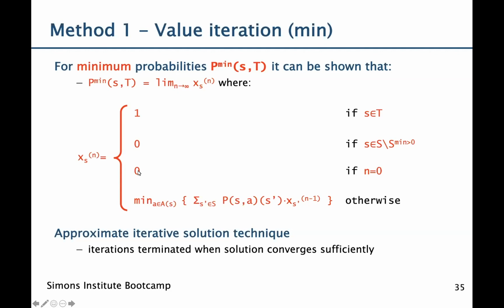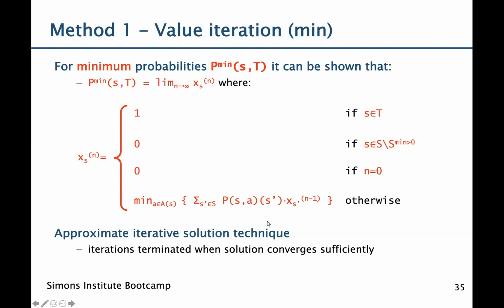And then if n is equal to 0, then we start from 0, and if n is greater than 0, then we base it on the values in other states. We take the minimum, as we're computing a minimum probability, over the available actions, and then we sum over all possible successor states, multiplying the probability of moving to the successor state S prime, given that we performed the action a, by the previously computed probability for S prime.